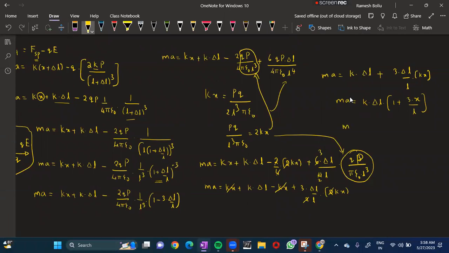So here, MA equal to how much? K into delta L plus this is 3x by L into K into delta L. Here this x by L means, comparing to x, it is very, very little only, no?